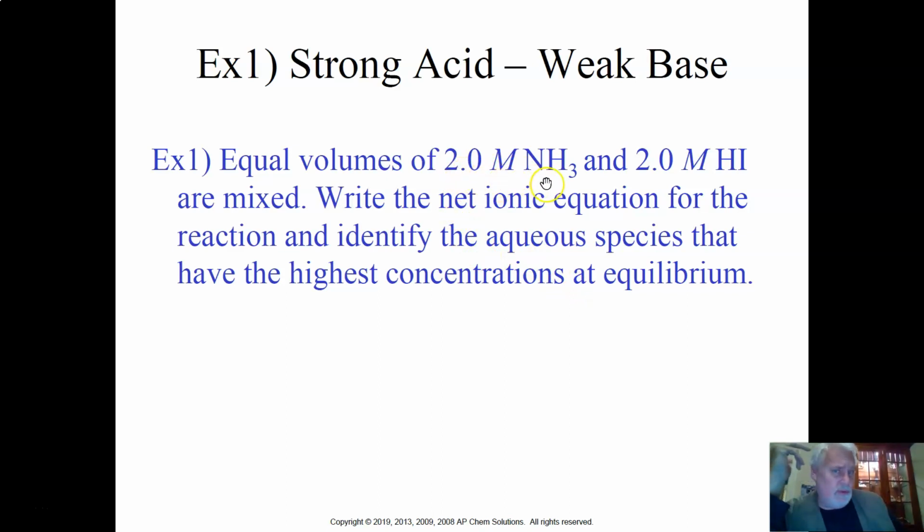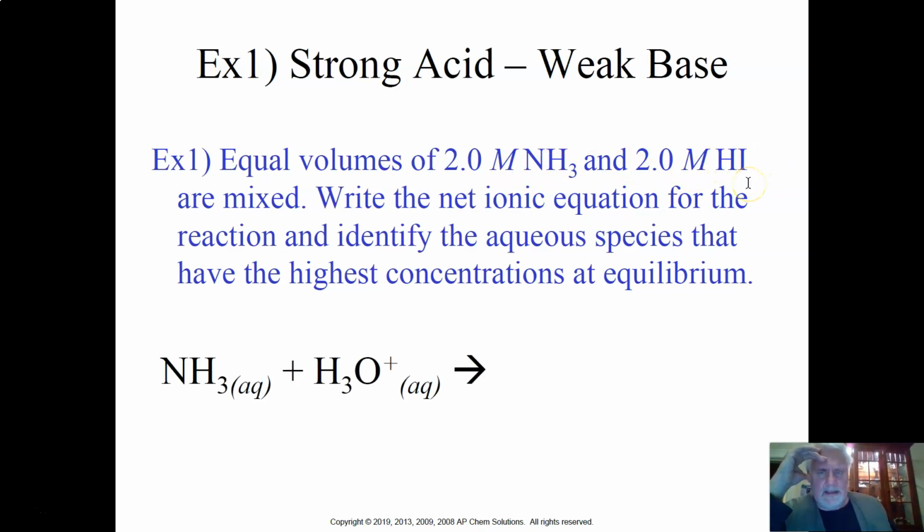So we have 2 molar NH3 and 2 molar HI. They're both mixed. How do we write the chemical reaction for what's going on here? Well, in this case, the spectator ion, can you look at that and figure that out? Yeah, it's going to be the iodide, it's just not going to be involved here. So it's the NH3.